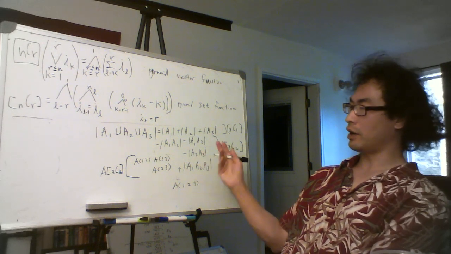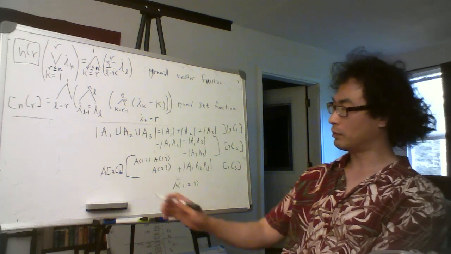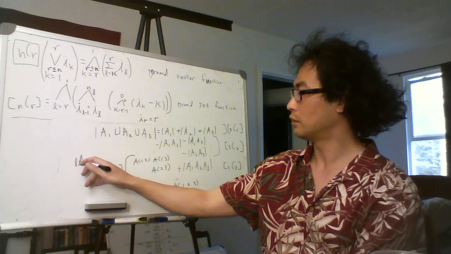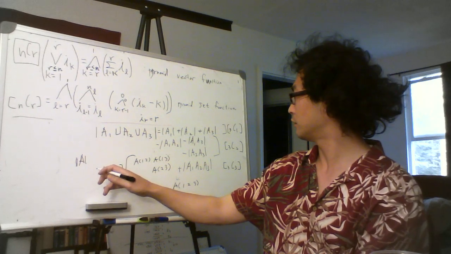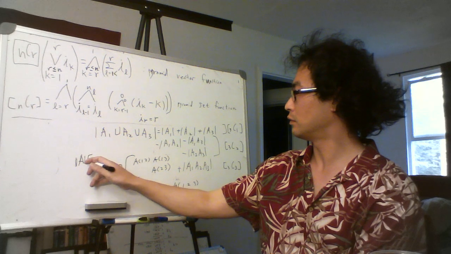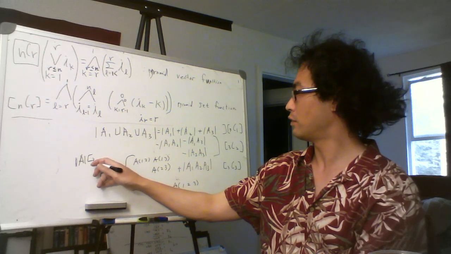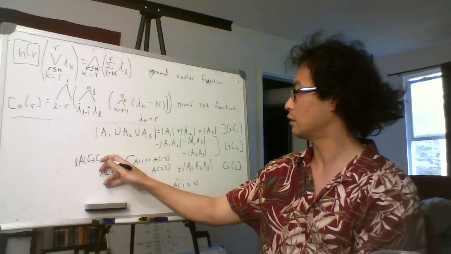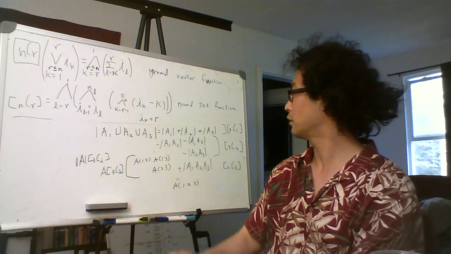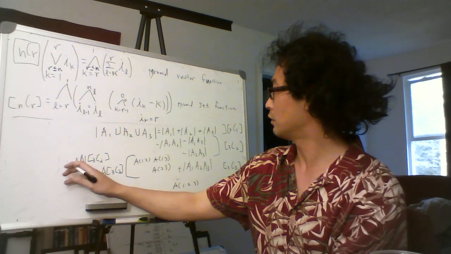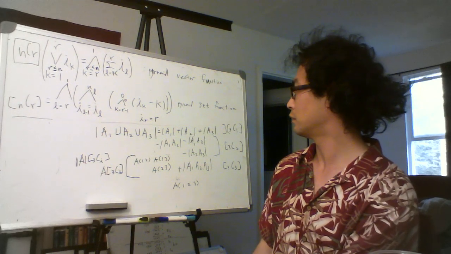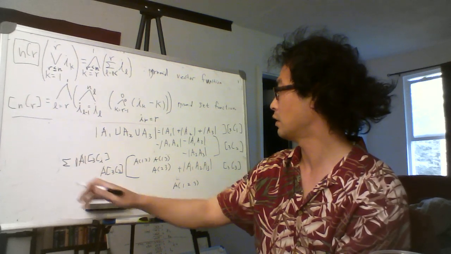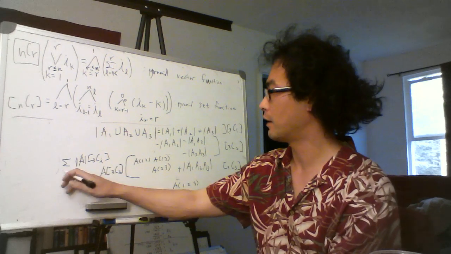But we have the absolute value of A, no problem. We'll just do this: the absolute value of A, and then what? 3 C I. You have to do sigma, right? Sigma, K from 1 to n, NCR, right?